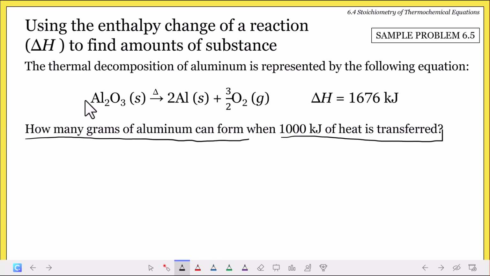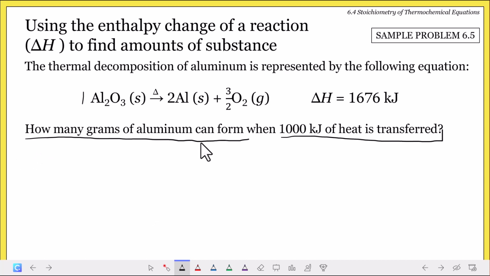So we have these coefficients on each of our substances. We can say that there's a 1 in front of this aluminum oxide, and for every 1 mole of aluminum oxide that decomposes, we have 2 moles of aluminum formed and 1.5 moles of oxygen gas formed. So where would we start with something like this? Well, we always want to start with the information that they've given us.